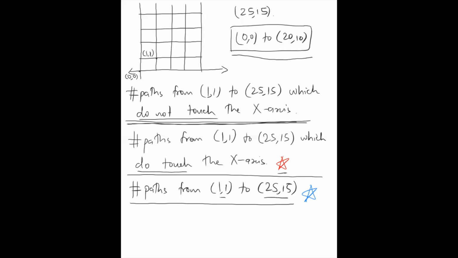Okay, so now we are going to calculate this red star, and this is where we are going to use the main topic of this lecture, which is the reflection principle. So what are we going to reflect exactly? I'm going to take a new page. Let's notice one thing. Say this is my grid.